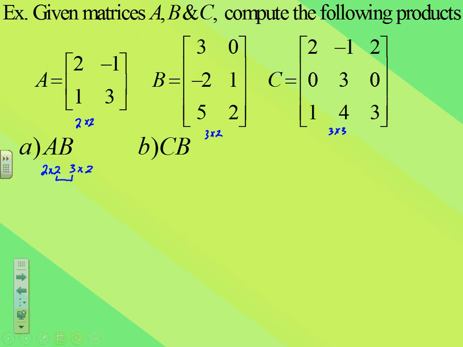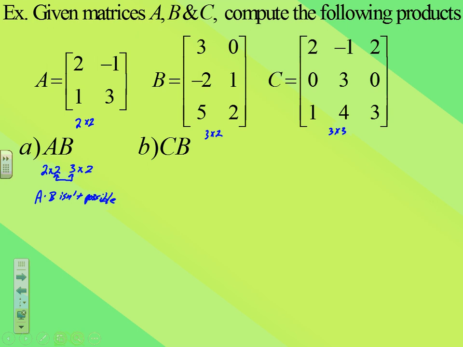So I'm looking at the two interior numbers, the column number of matrix A and the row number of matrix B. Because these aren't the same, the column and row number of the respective matrices don't match, that means we cannot multiply them together. So there's your answer. Not possible, not applicable, no way, Jose, however you want to say it. It's not going to happen.